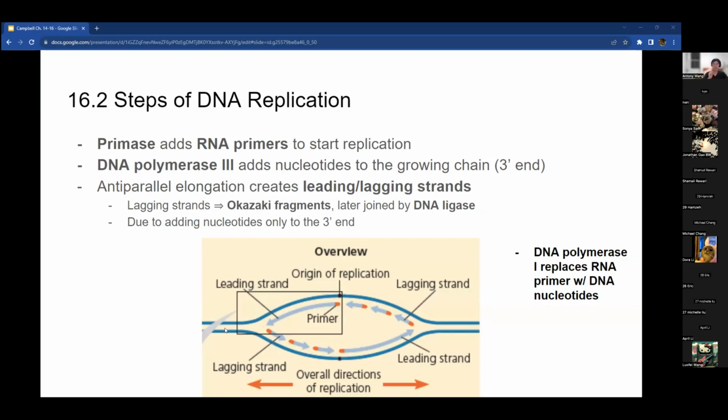At the end of the strand, you lose an Okazaki fragment, right?